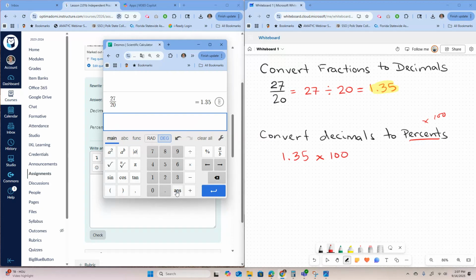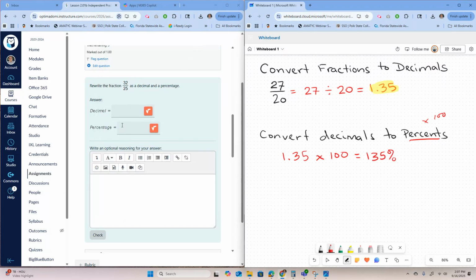I'm going to press ANS, that means my previous answer. I'm going to multiply by 100. And you can see I got 135. Now remember, your answer is 135% because we're working with percentages. And that's why you put the percent sign in here. Okay, let's go to the next question.